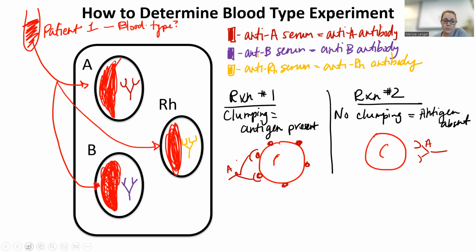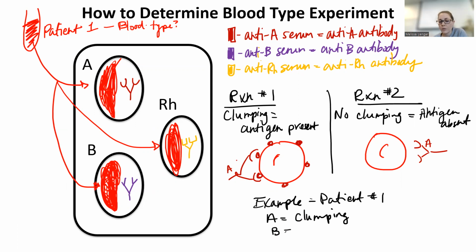So let's do an example. Your example is patient one. In the A well, I'm going to have clumping. Why? Because I already did it up there. Let's say in the B well, I have no clumping. And then let's say in the RH, I do have clumping. What is the blood type?